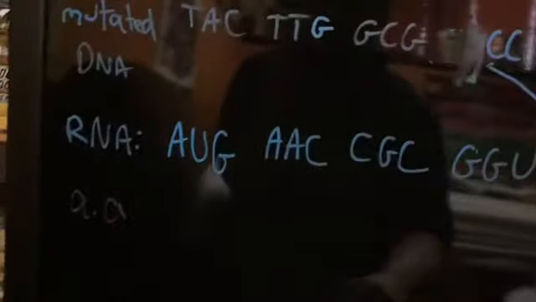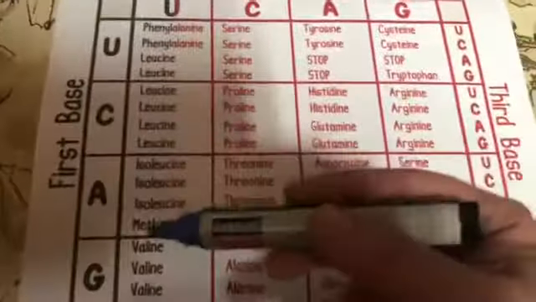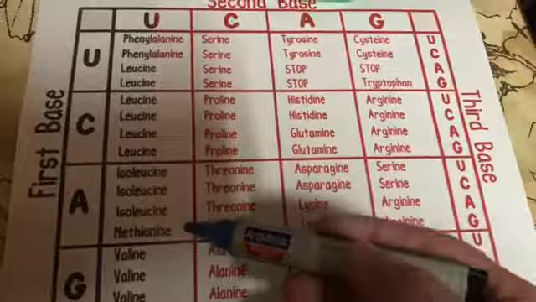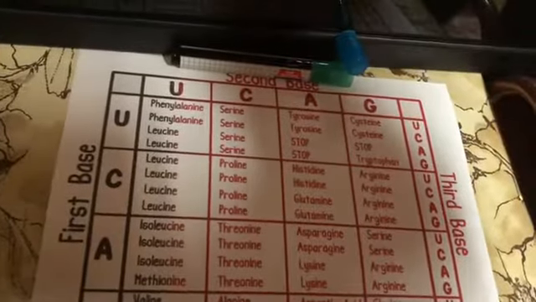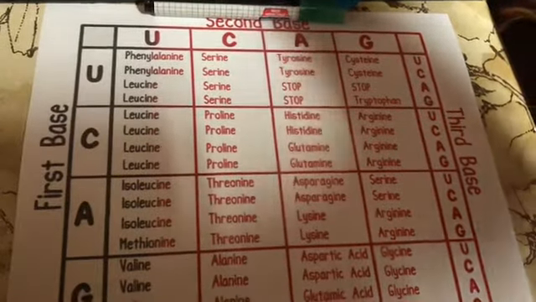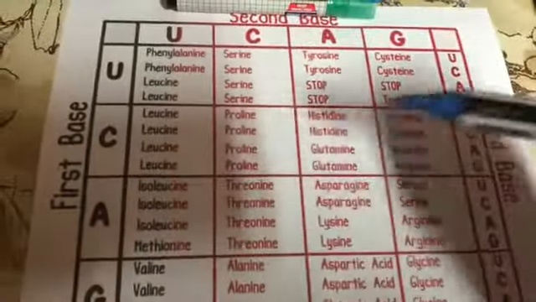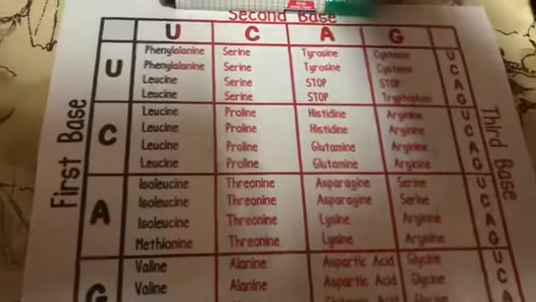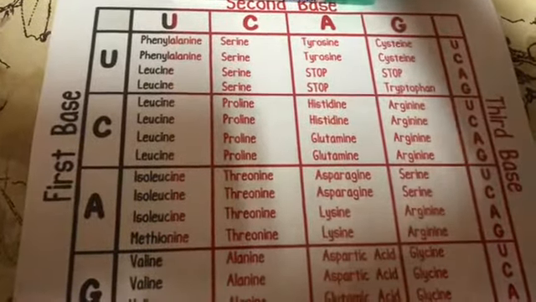So our amino acids, what they would look like is AUG is still methionine. AAC is still asparagine. CGC is still arginine.